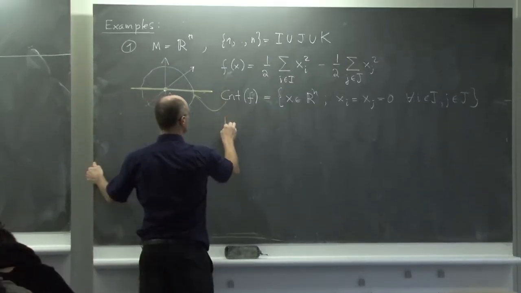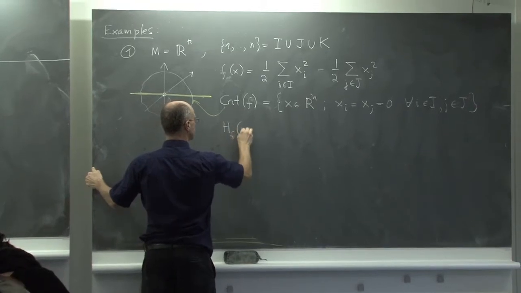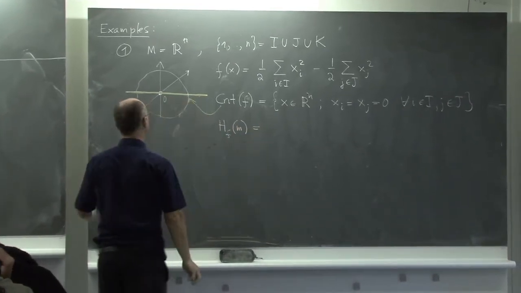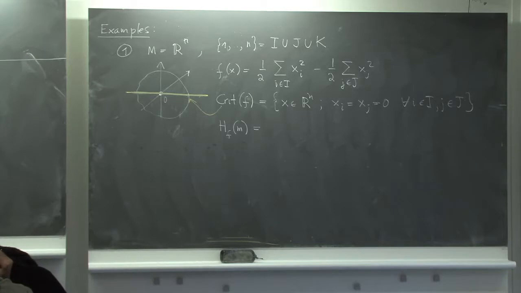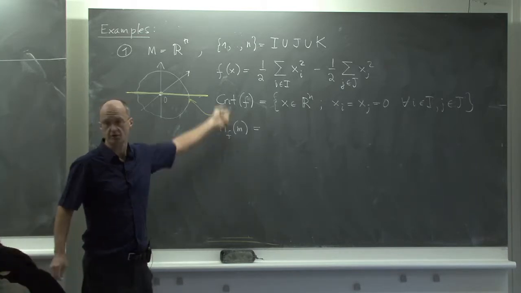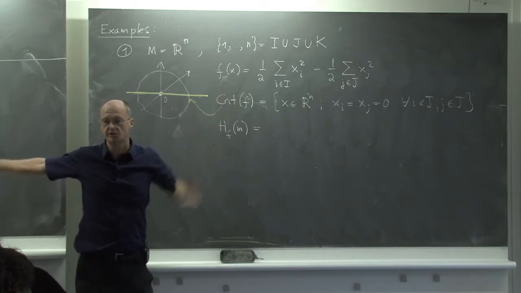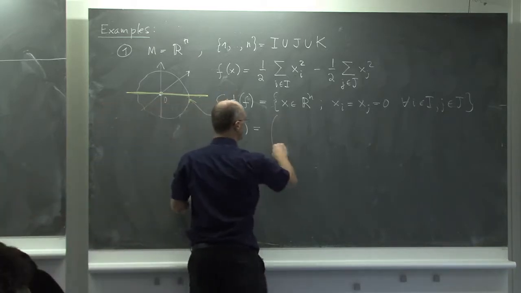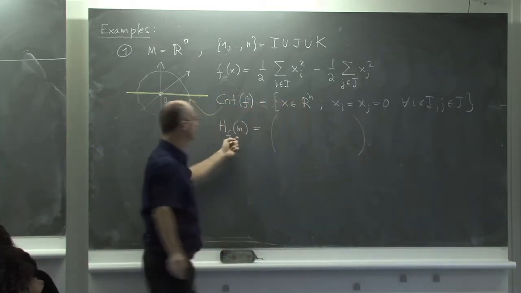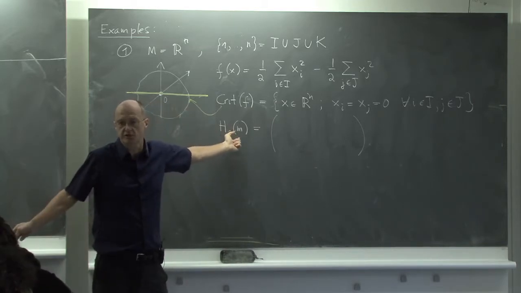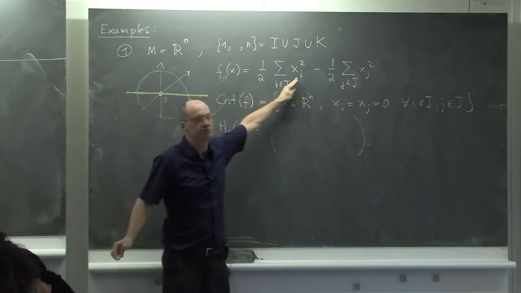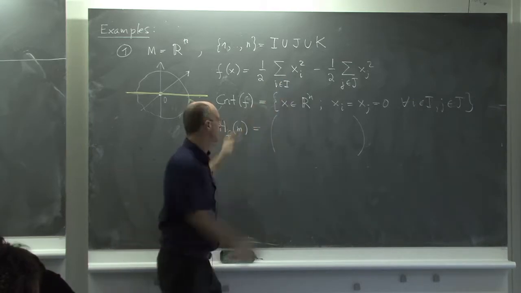Now, what about the Hessian of f at m? Let me, maybe a little bit prematurely, think of it as a matrix. I'm just taking the matrix of second derivatives. So what will be this matrix? The second derivatives with respect to the x_i's are ones.